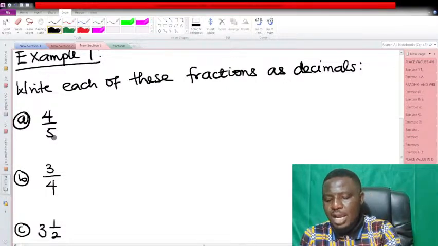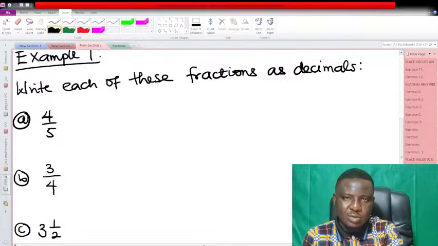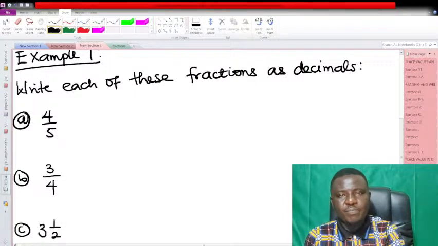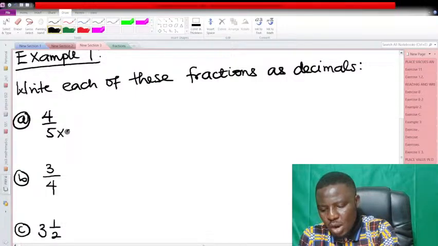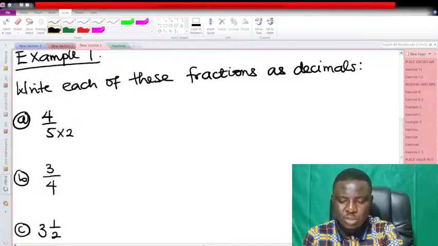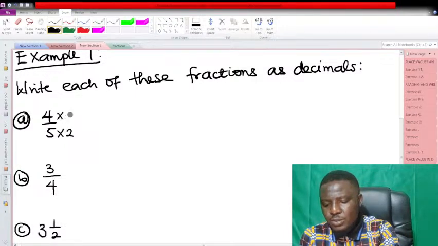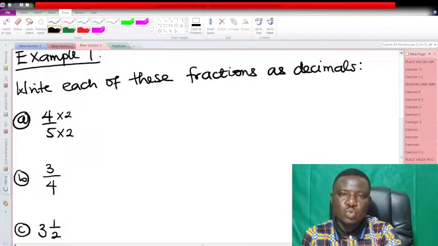So, I know that 2 times 5 is 10. So I'm going to multiply 5 by 2, to make it 10. Now, that 2 I'm going to use in multiplying the denominator. I'll equally multiply the numerator by the same 2.